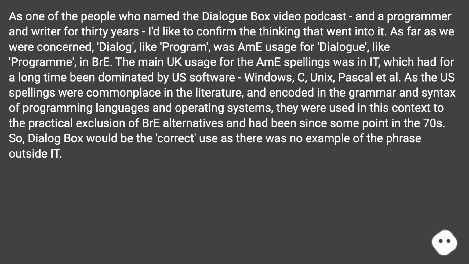The main UK usage for the AmE spellings was in IT, which had for a long time been dominated by US software, Windows, C, Unix, Pascal et al., as their spellings were commonplace in the literature, and encoded in the grammar and syntax of programming languages and operating systems. They were used, in this context, to the practical exclusion of BrE alternatives and had been, since some point in the 70s. So, dialog box would be the correct use, as there was no example of the phrase outside it.